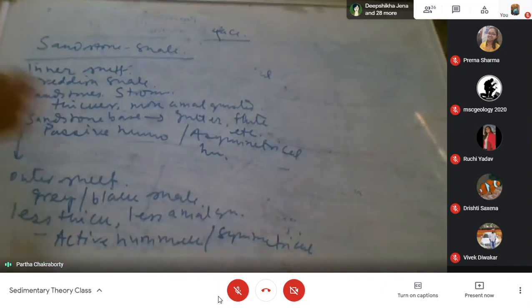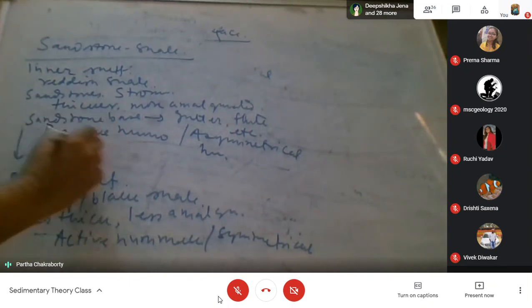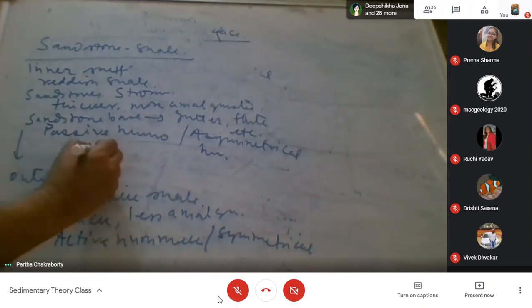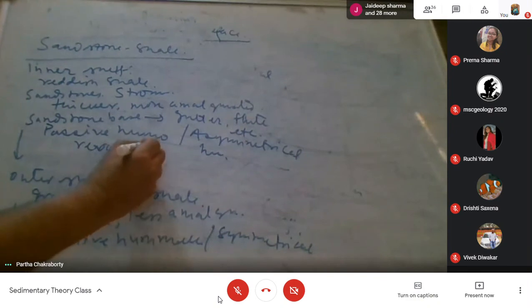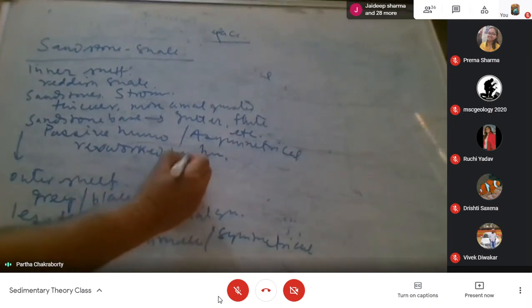In cases, here the storm bed may be reworked by fair weather wave.